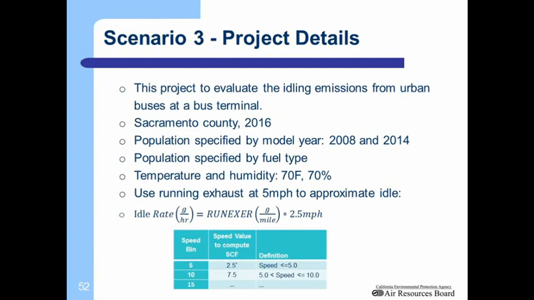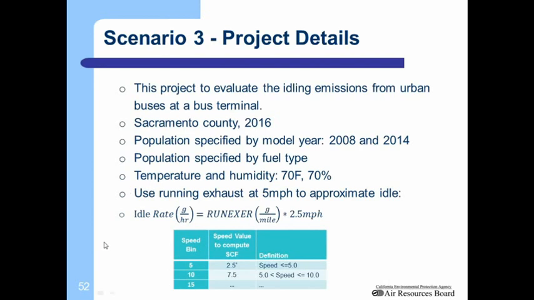This is because the regular idle events at the bus stops during the operation is already accounted for when we develop the running exhaust emission rate. So for urban bus, we suggest to get the idle emission rate, user could use the running exhaust emission rate at the lowest speed, which is 5 mph speed band.